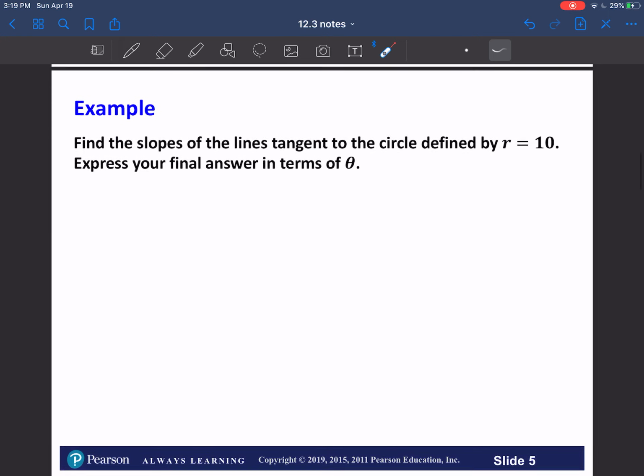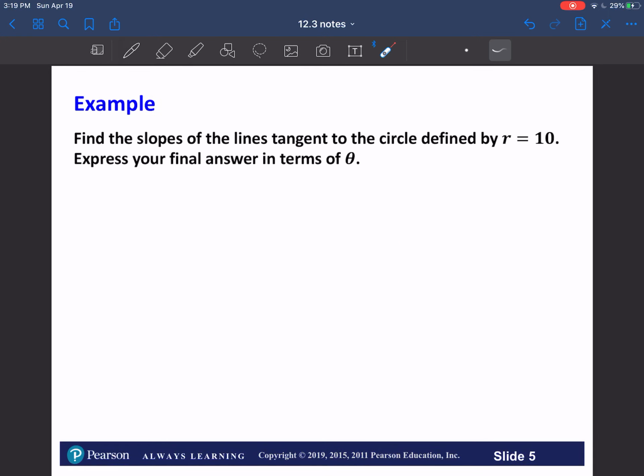So let's continue. Let's do this example. We're going to find the slopes of the tangent line to the circle defined by r equals 10, and we're going to express our final answer in terms of theta. Alright, so let's just copy down the formula once again.